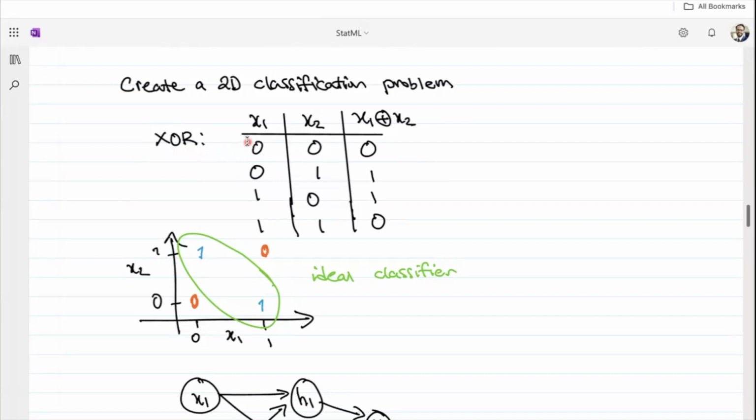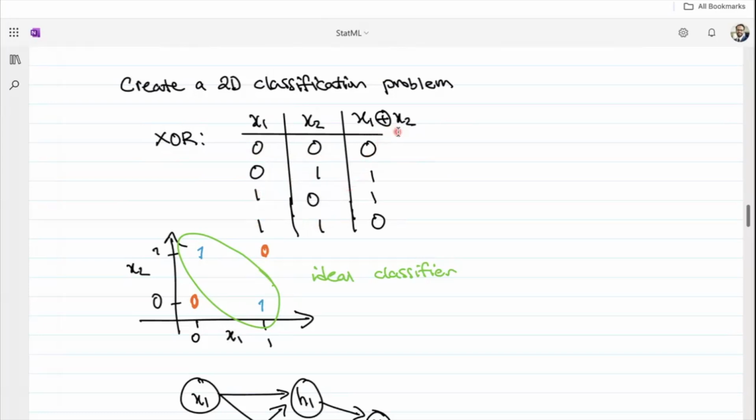The idea is that if you have two binary values, and I show these by x1 and x2, each of x1 and x2 takes on two values, either 0 or 1. So we have 4 possible cases, right? 0,0, 0,1, 1,0, 1,1.